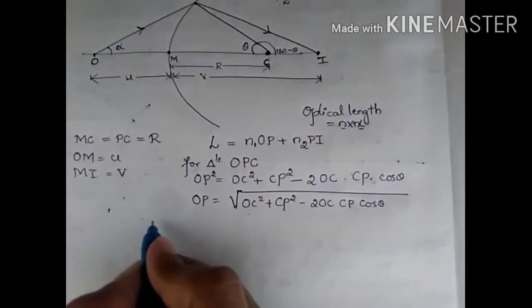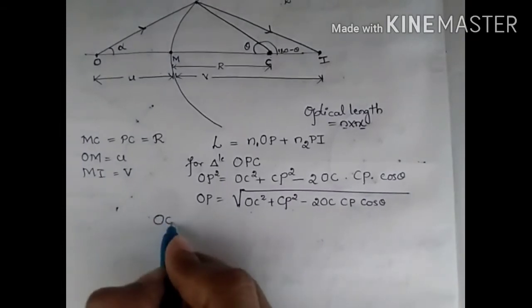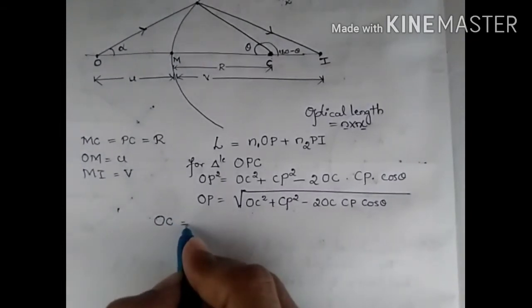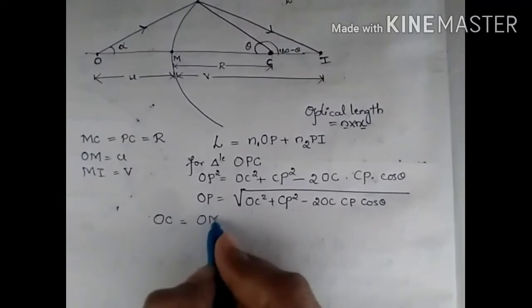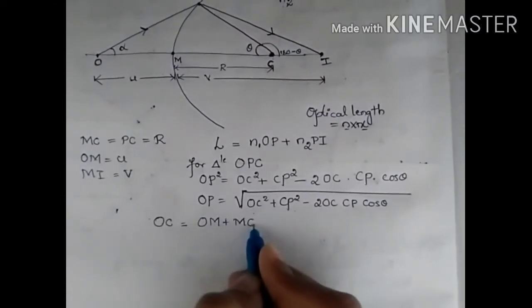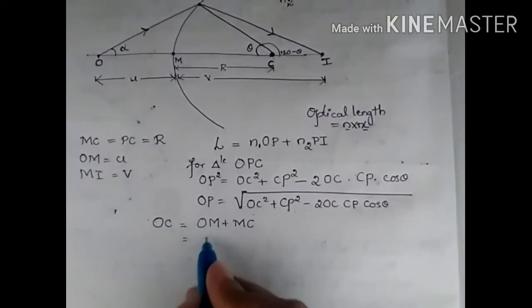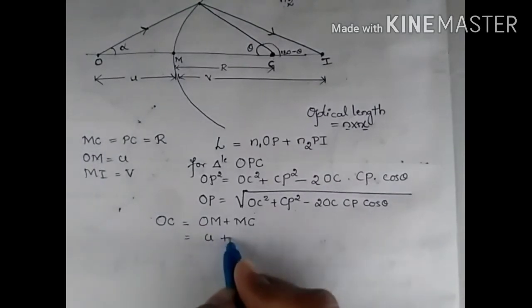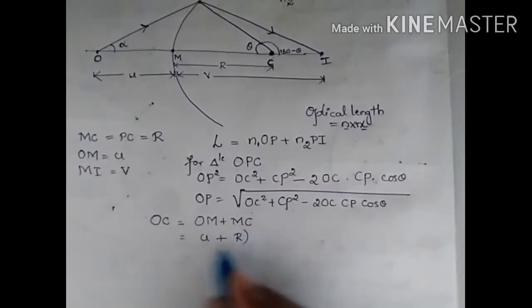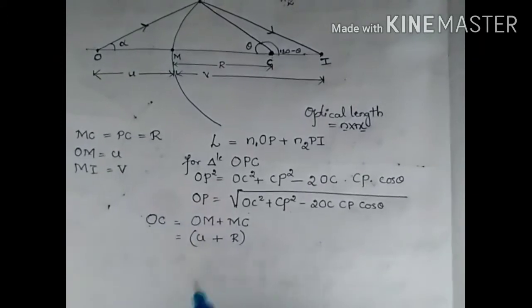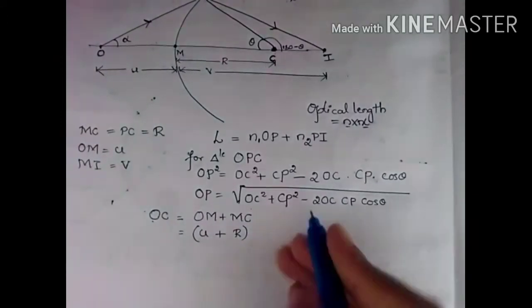The value of OC will be OM plus MC. OM is U plus this term will be R. So OC will give you U plus R.